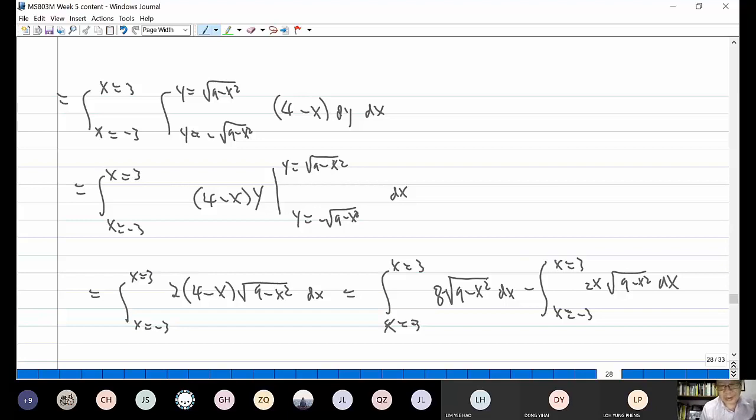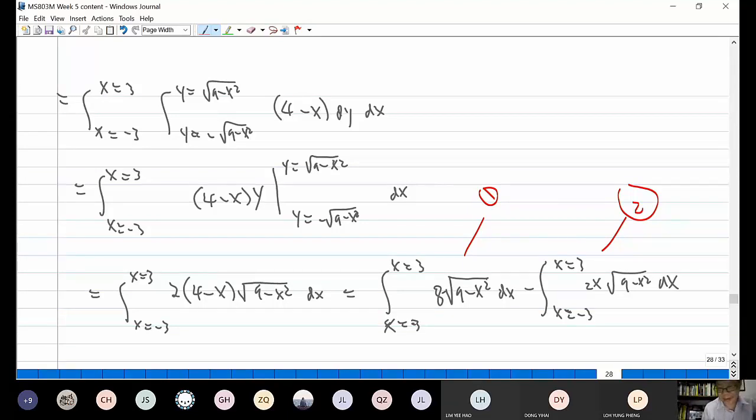Okay, so let's say this is integral 1. There are two integrals, so there are two efforts here. One is here, another one is here. Let's look at the second one first, right?